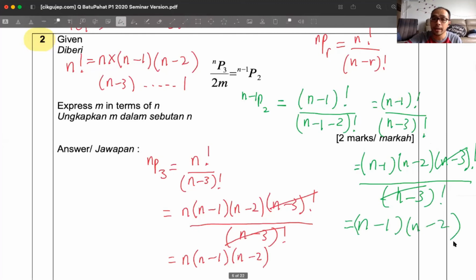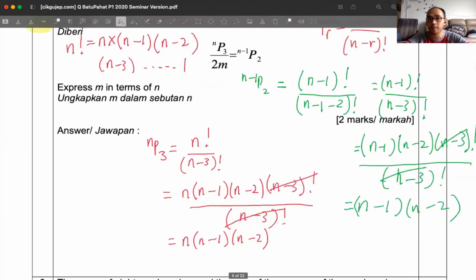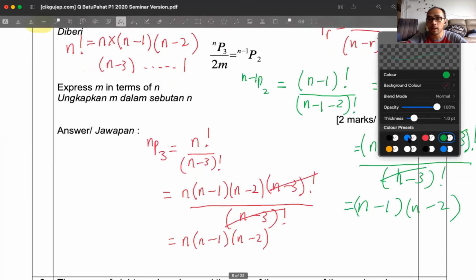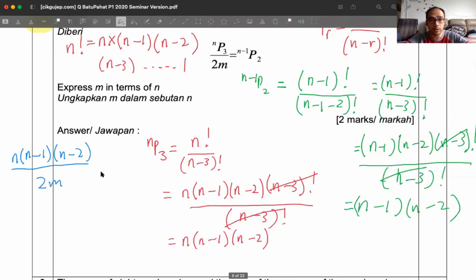Then now I can put this into here and this into here. So what will I get? No more space, but never mind. We try. Okay, blue color. So on the left side now will be n times n minus 1 times n minus 2 over 2m equals to, on the right side, I will get n minus 1 and n minus 2.